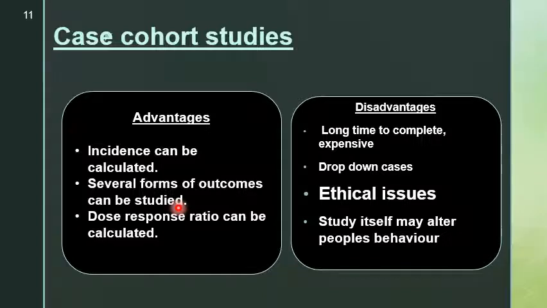You are following them. You will have a lot of outcomes. Then dose response ratio can also be calculated. You can divide the patients who were smoking 10 cigarettes a day, who were smoking 50 cigarettes a day, or BDs, number of BDs per day, or number of years they have been already smoking. So dose response ratio can be calculated by these studies.